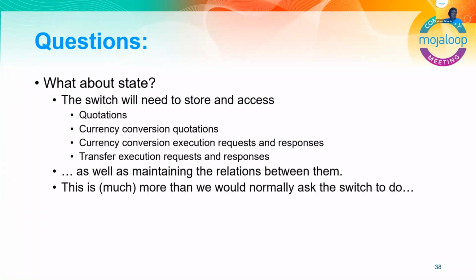So there's going to be a pretty complicated set of operations that the switch will need to perform in order to keep track of the relationships between these various things, some of which will be generated by the DFSPs, i.e. the quotations and the transfer execution requests and responses, some of which will be generated internally by the switch, the currency conversion quotations and execution requests and responses.